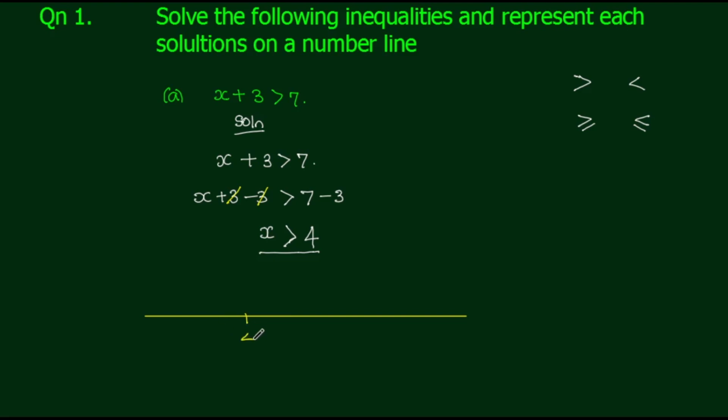Okay, this is our 4. So we can go up because x is greater. So the next numbers which are greater than 4 are 5, 6, 7, 8, 9, and 10.